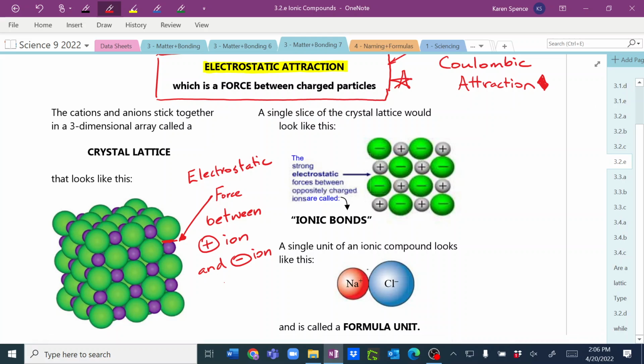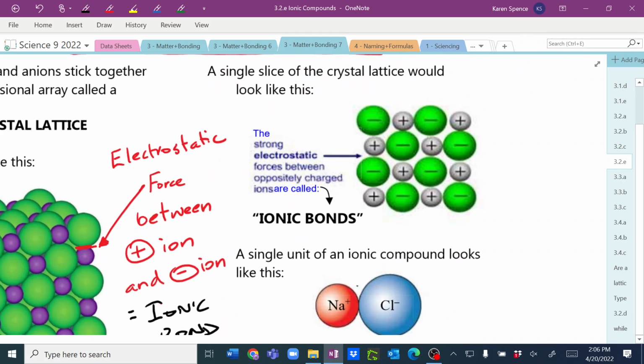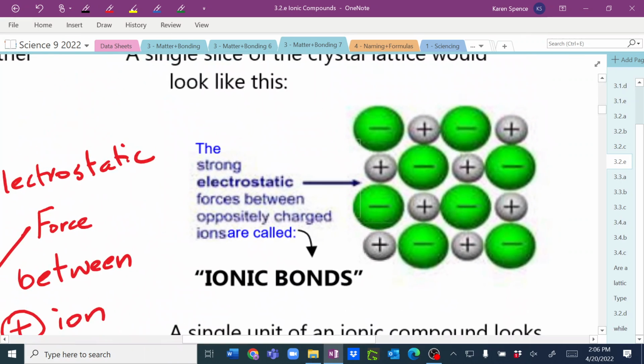That is called, I heard it somewhere, ionic bond. And in fact, guess what it says over on the right-hand side of the page, but in small writing? The strong electrostatic forces between oppositely charged ions are called ionic bonds.